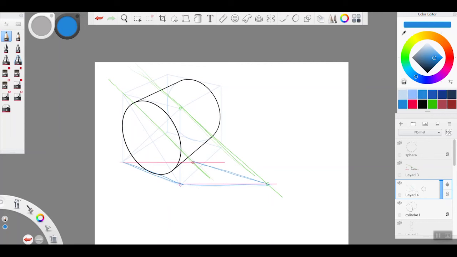It doesn't hurt to do one more plot, which is the center here. So I have the X, and we can do the same thing with the center. We take our angle line, trying to keep everything parallel, and our direction line is directly beneath it. And we know that now this is our center here. We could also find our center, I'll do it in blue, by drawing an X on this diamond shape on the ground.